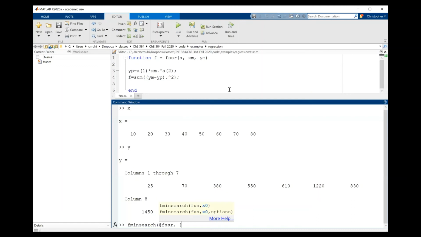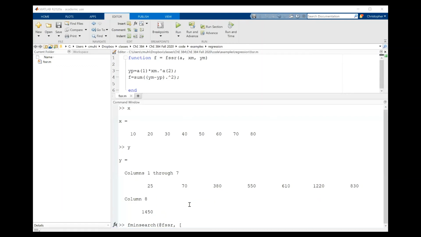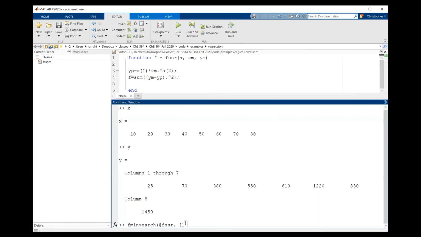Now we need our guesses. And let's just say we're going to guess 1 and 1, pretty innocuous guesses. We're not going to pass any extra information to control how fminsearch goes, so just give those empty brackets.